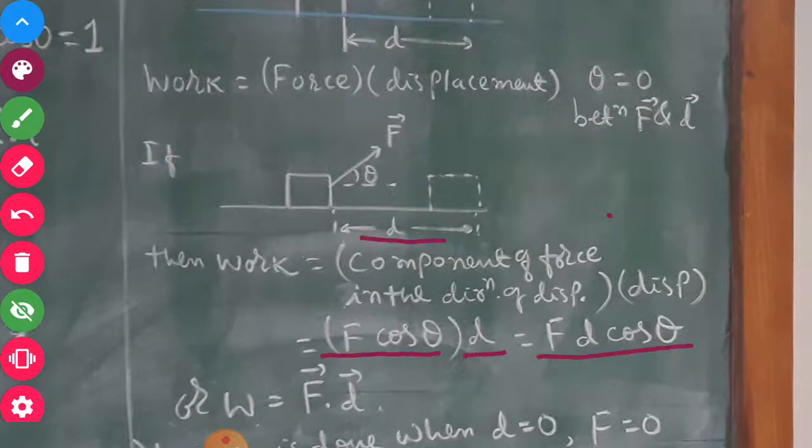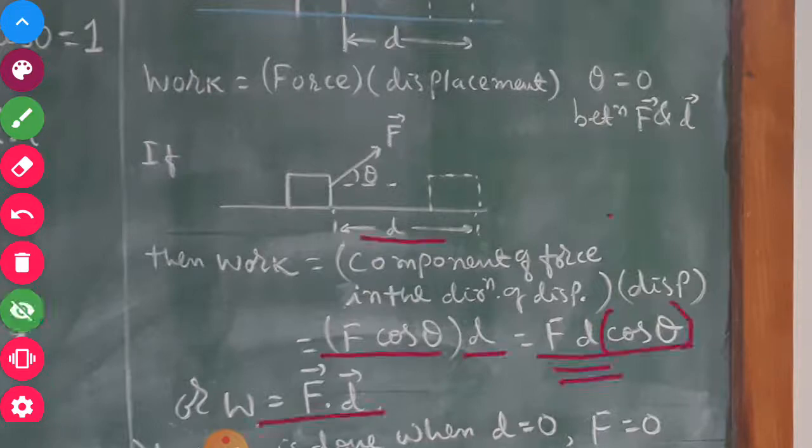So it is F d cos theta. Now as you know, force and displacement both are vector quantities and there is a cos theta. So this can be written as the dot product, which we have already defined. Work is equal to F dot d, that is a dot product of force and displacement.